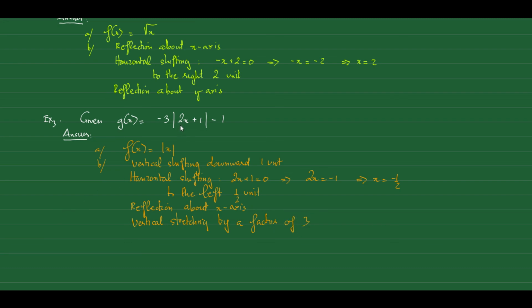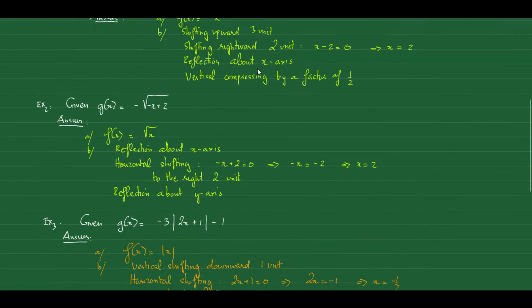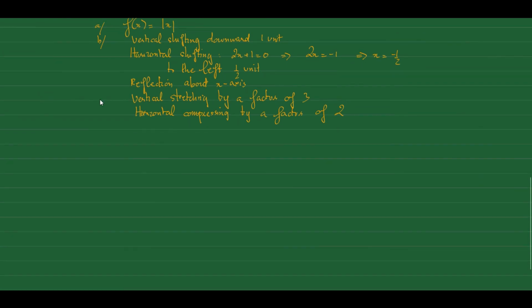And we have number 2 over here. That number 2 is inside, so it's a horizontal compression. We have horizontal compression by a factor of 2. Here you go, I think that's it.